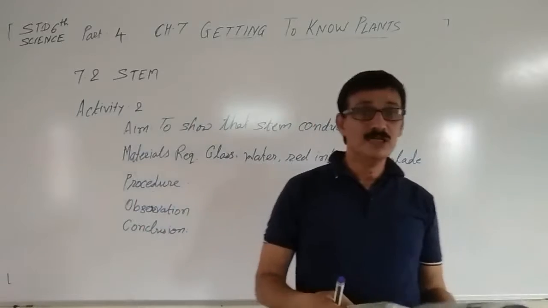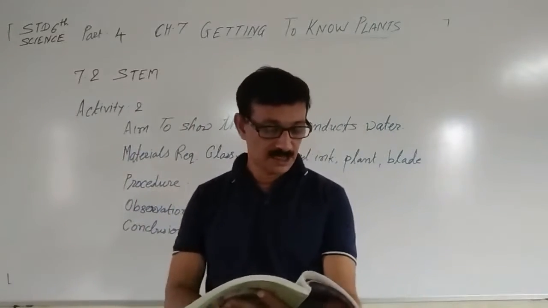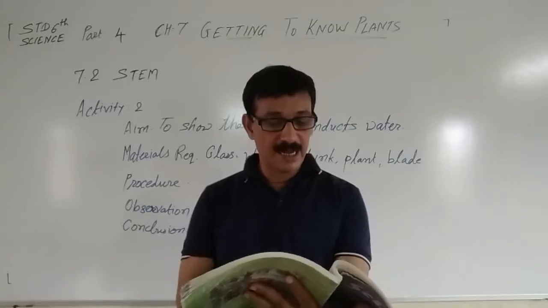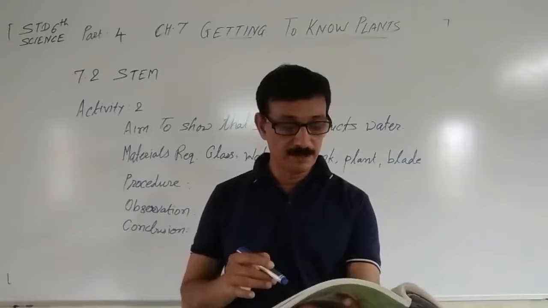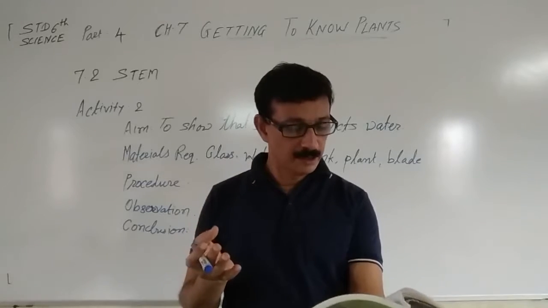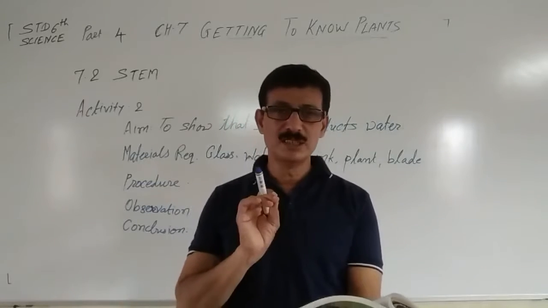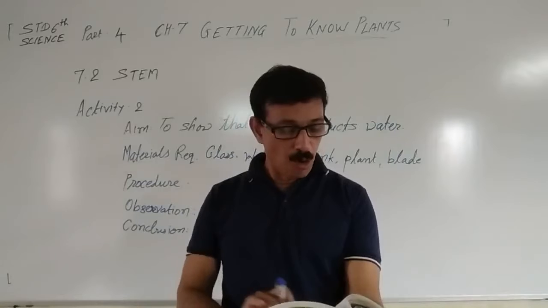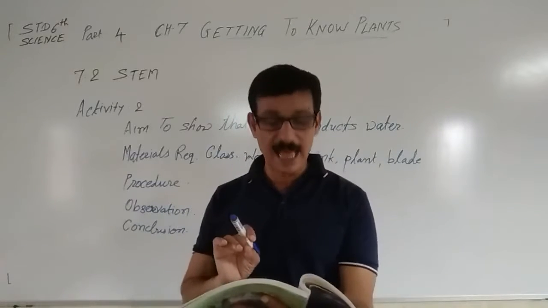Now there is activity 2. First of all, we will read it. We would require a glass, water, either red or blue ink, and a soft stem. It should be tender also. Pour water to fill one third of the glass.